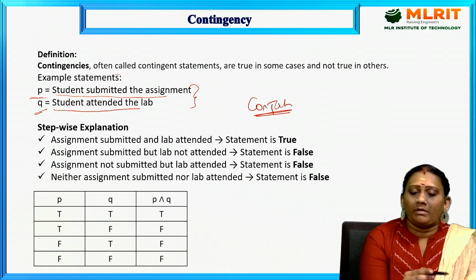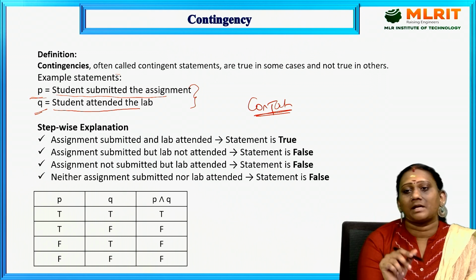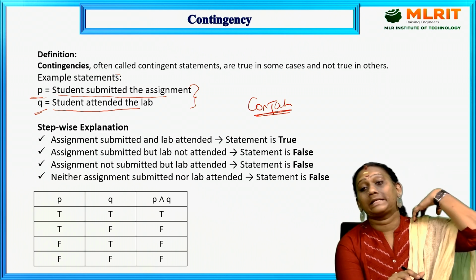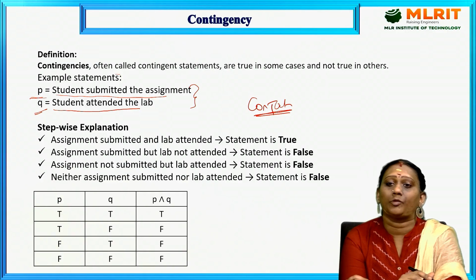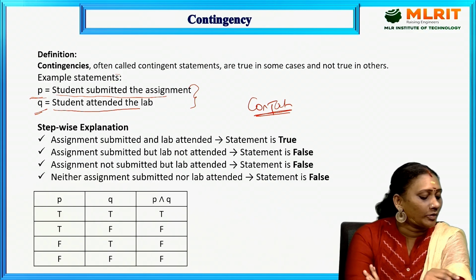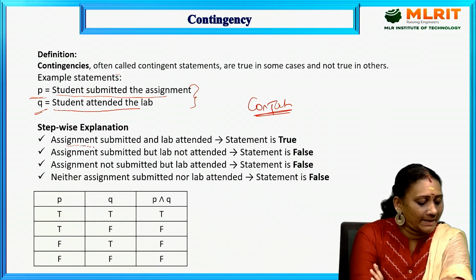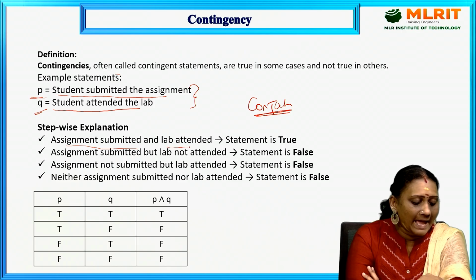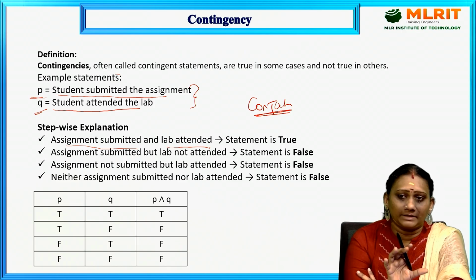When we are analyzing statements, it is not a rule that only this particular connective has to be applied. We can apply any kind of connective available in our discrete mathematics. Here my first statement is assignment submitted and lab attended. I'm just considering the actions.